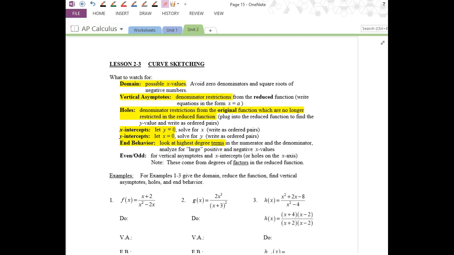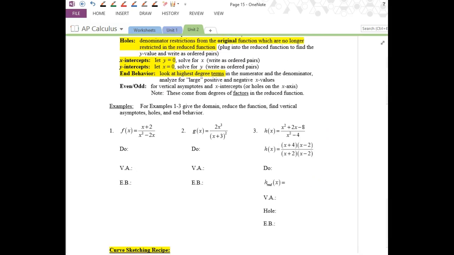End behavior is like, I'm going to become the function with my hands at the very end, and you have to tell me what's happening. If you're a parabola, the right and left end could possibly be going both up to infinity. If you were a John Travolta, your right would be going up, left would be going down. So we're going to talk about both of the ends. They could potentially be the same value or different. And then, of course, even and odd, so symmetry.